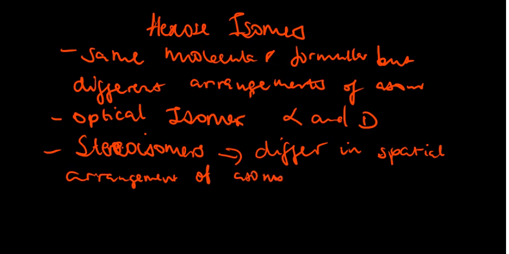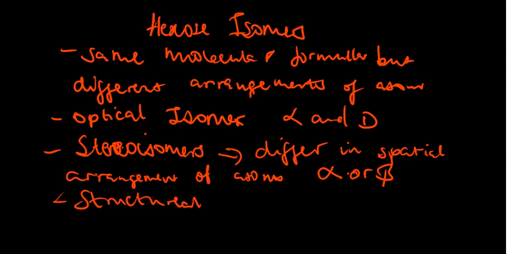So this is to tell you that alpha D glucose, for instance, could be alpha or could be beta, meaning the OH group can be at the top or it can be at the bottom. The next we have structural isomers.